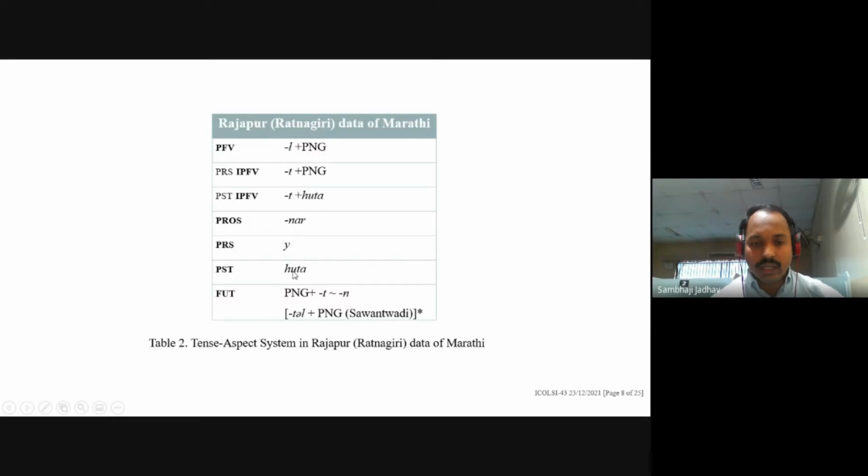These are the auxiliaries used with present and past, and future marking. Interestingly, here you get marking which you don't get in standard Marathi. Additionally, if you go a little towards Sawantwadi, which is near the Goan region, you additionally get the Tal marker, and you will see this marker in the next variety as well.